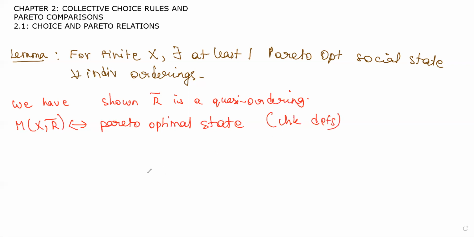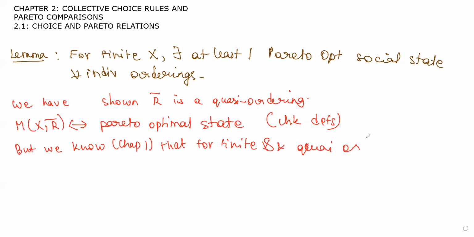But we know from chapter 1 that for finite X and for finite S and quasi-ordering R, M of S comma R is not empty. Done. Three lines, to prove a very profound result. For every finite set X, there is at least one Pareto optimal social state for all individual orderings. And we proved it through this really elegant argument without actually going into the proof directly, which we might have done, and you might try that as an exercise.